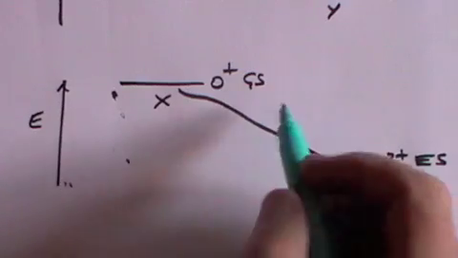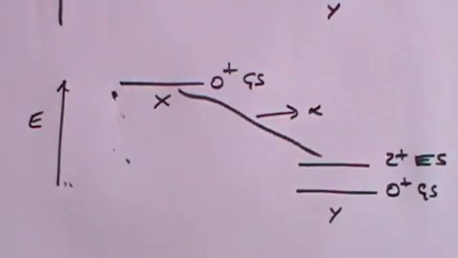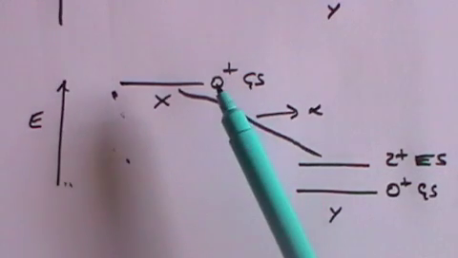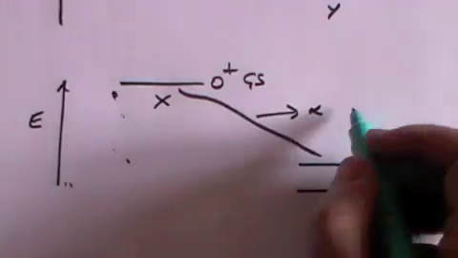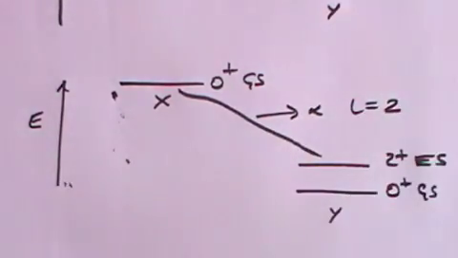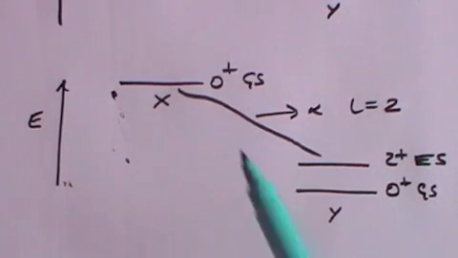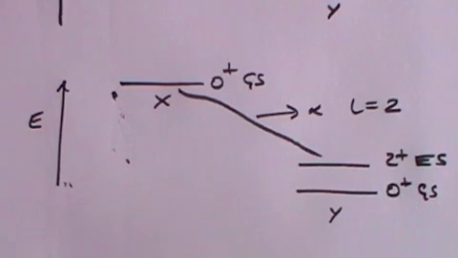And if it did that with the emergence of an alpha particle, you're now going from an angular momentum of 0 to an angular momentum of 2, which means, of course, the alpha particle must itself carry away an angular momentum of 2 in order to balance the angular momentum of the 2 nuclei.